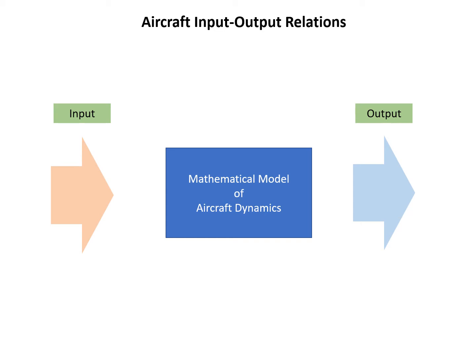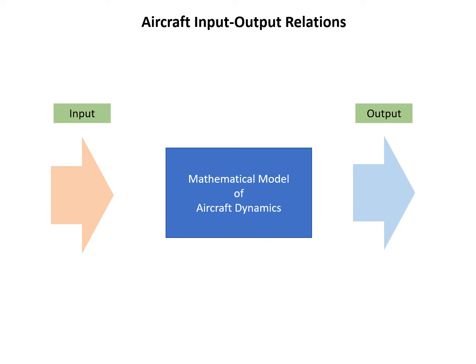On the left-hand side is the input parameter, and on the right-hand side is the output parameter. Since we are talking about the aircraft response to control movement, the input can be what? Give you 1 second to think about it.